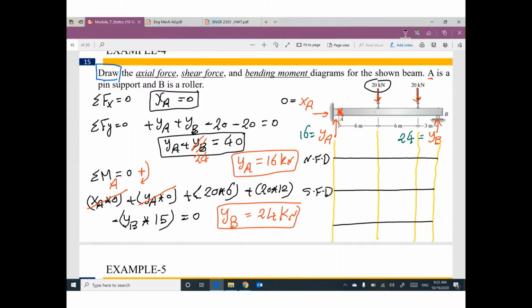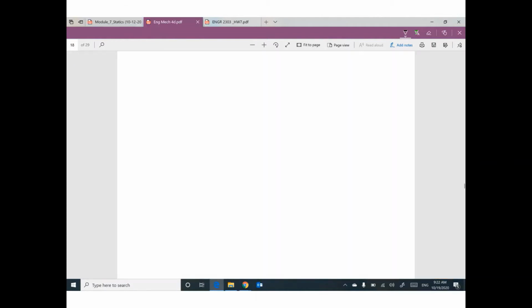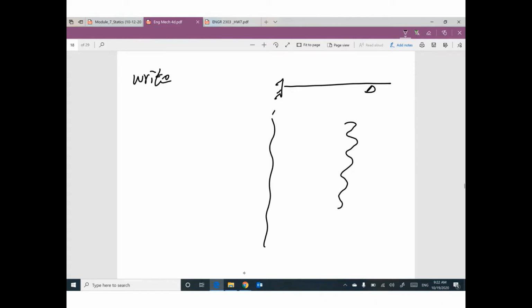The third one will be for the bending moment diagram. So please, during the exam or the homework, if the beam is given in this direction, try to avoid writing anything here. Just write on the left side to calculate your reactions.